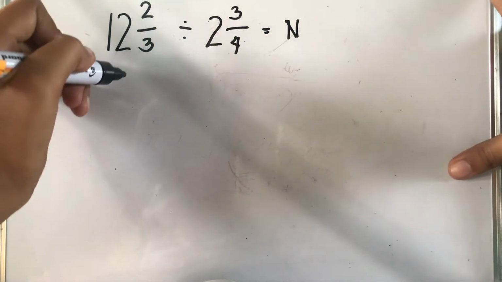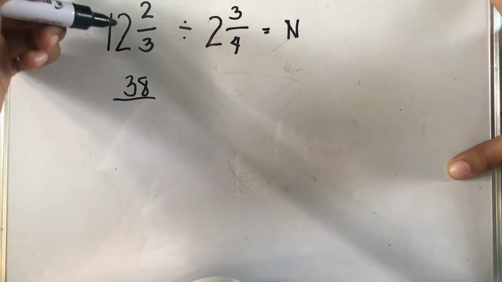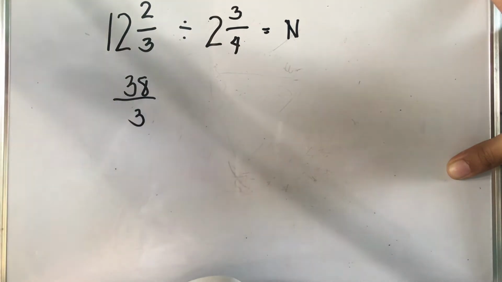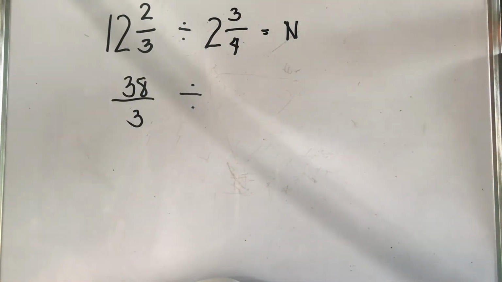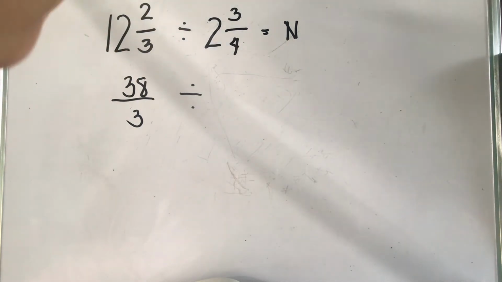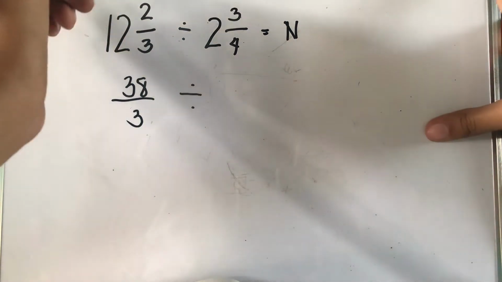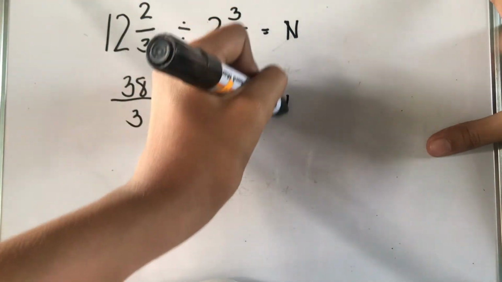So you write 38 as the numerator and copy the denominator 3. Then for the divisor, 4 times 2 equals 8 plus 3 equals 11 over 4.